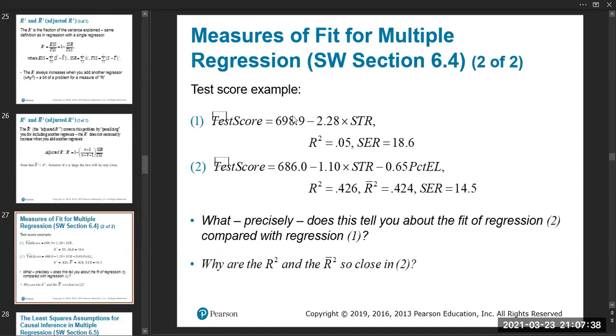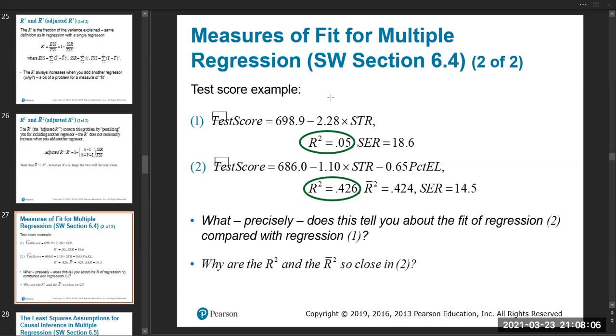Let's take a look at this example. If you only have one variable, your R square is 5%. Your adjusted R square doesn't show up because you only have one variable. However, if you have two variables, then R square increases because you add a lot more information into the equation.